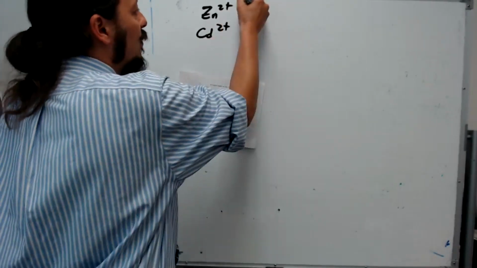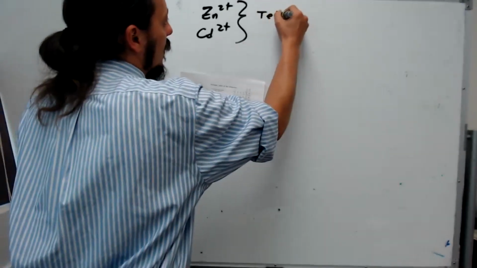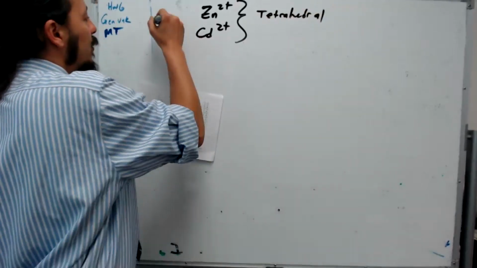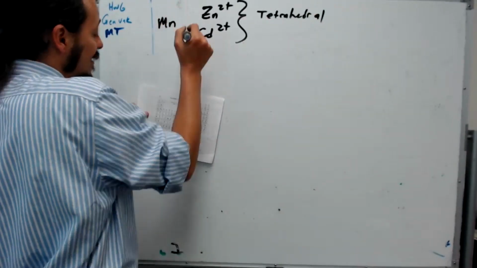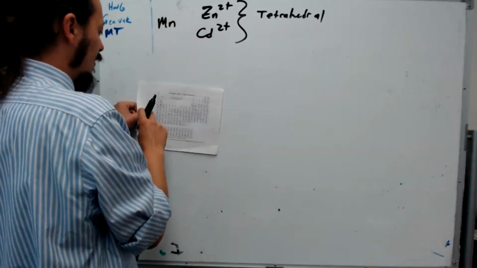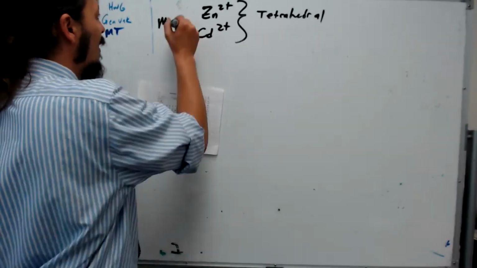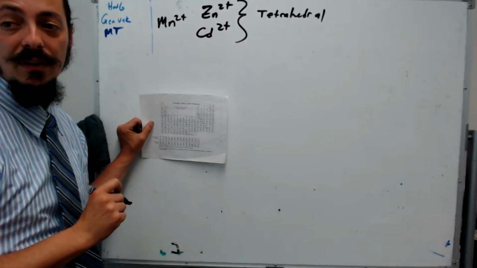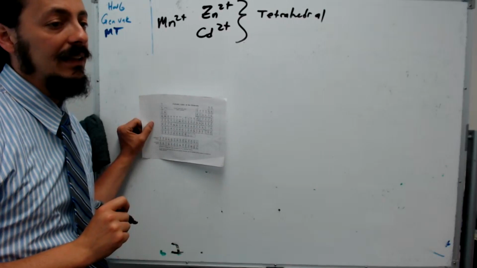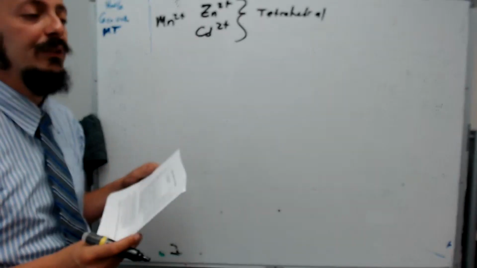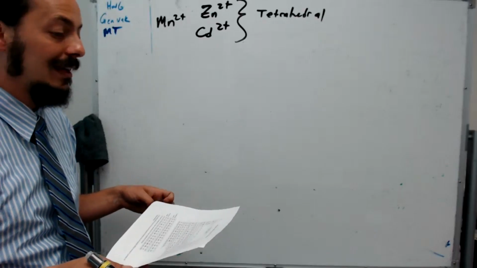Zinc and cadmium 2+ get a tetrahedral geometry. Manganese 2+ can also exhibit tetrahedral behavior, but we don't see a lot of manganese complexes. Zinc and cadmium 2+ are the common ones we see that form the tetrahedral geometry.